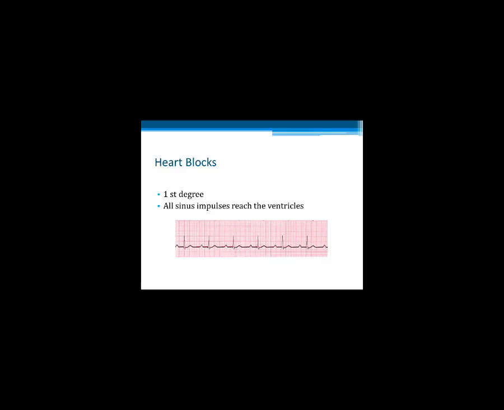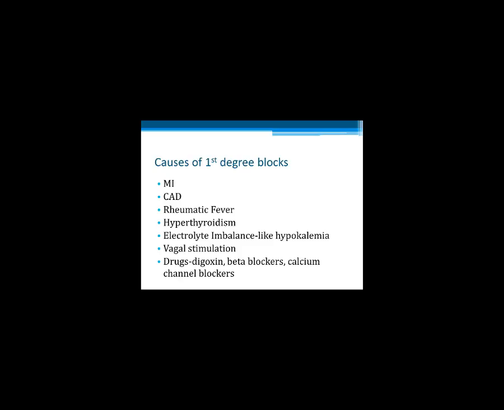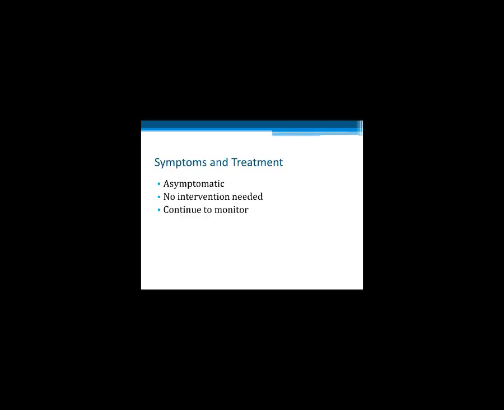So that's first degree AV block. Causes of first degree block: myocardial infarction, coronary artery disease, bunches of different things that can slow that conduction through that AV node. Symptoms and treatment: if they're asymptomatic, we don't do anything about it, we just monitor it.